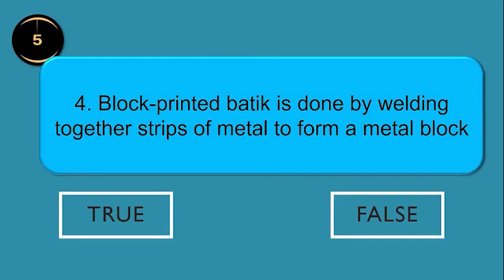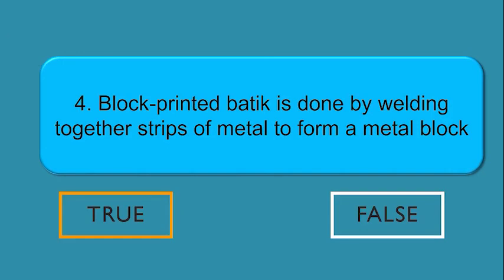Let's have number 4. Are you ready? Block-printed batik is done by welding together strips of metal to form a metal block. True or false? You have 5 seconds. Time is up and your answer is? You are correct. That is true.